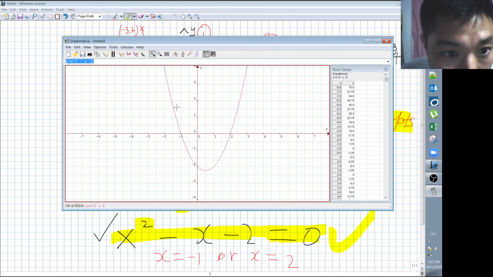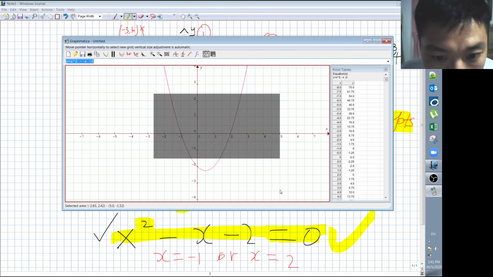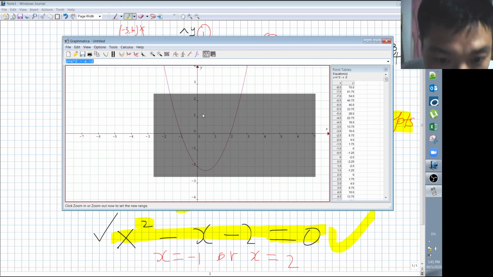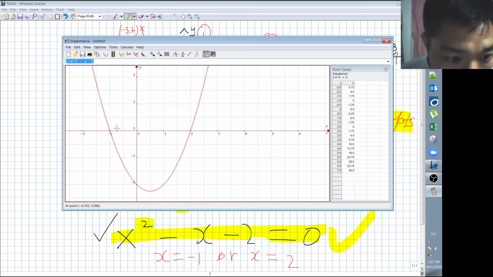What you can do is try to zoom into it, because you want to look at this portion. You can point with the cursor to the point, or rather, let me see, is there a better way to find this particular point?